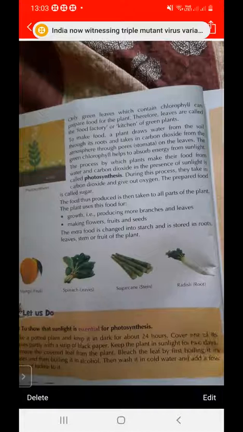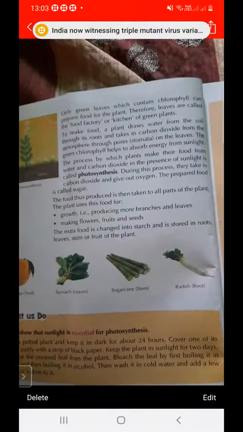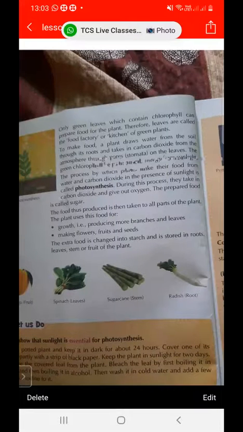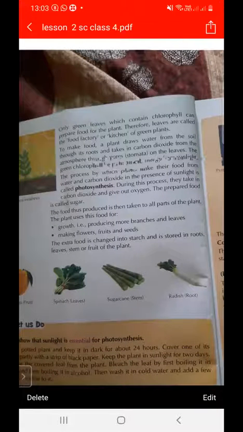During the process, they take in carbon dioxide and give out oxygen. When plants prepare their food, they consume carbon dioxide and produce oxygen.